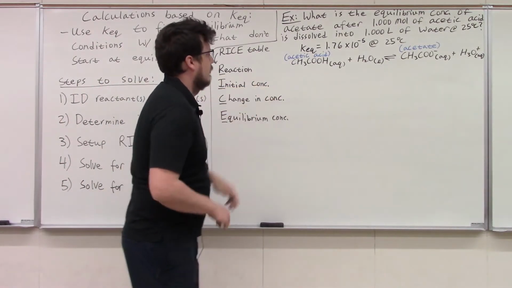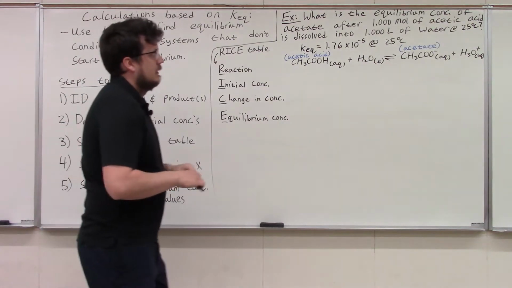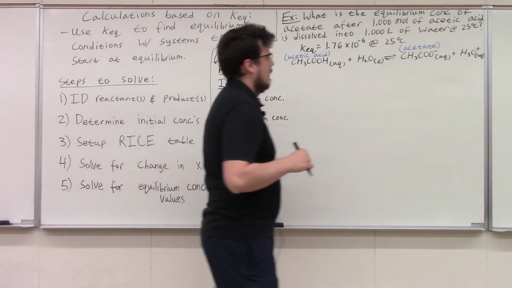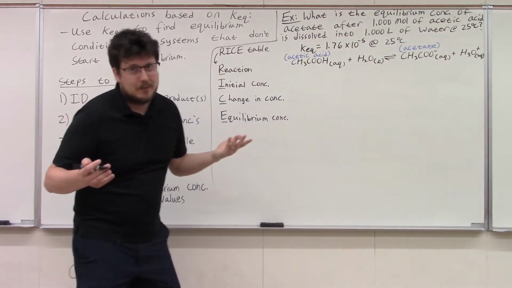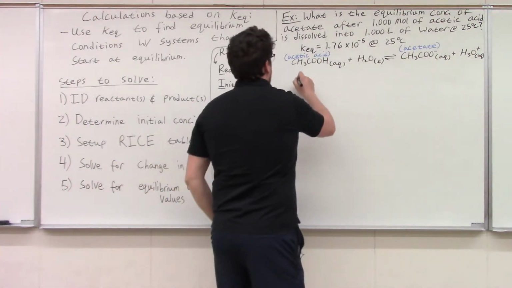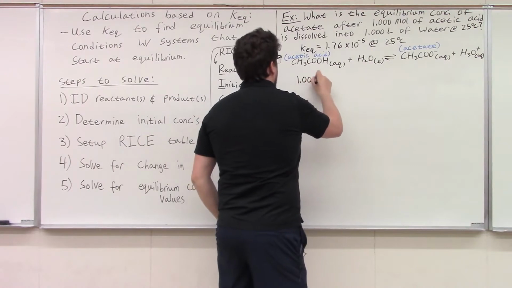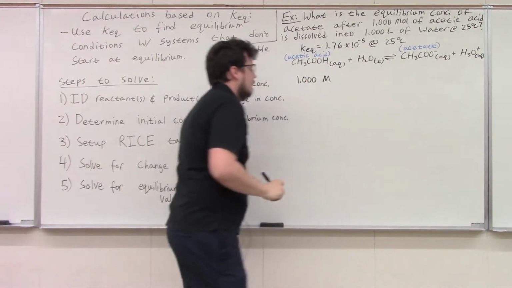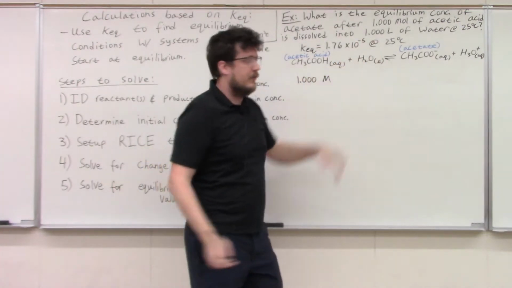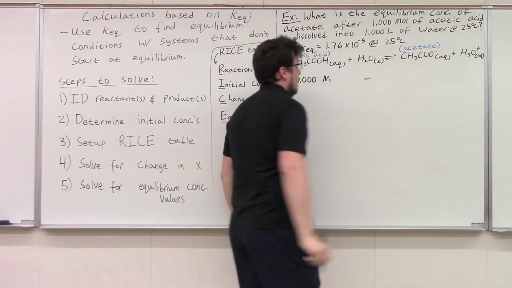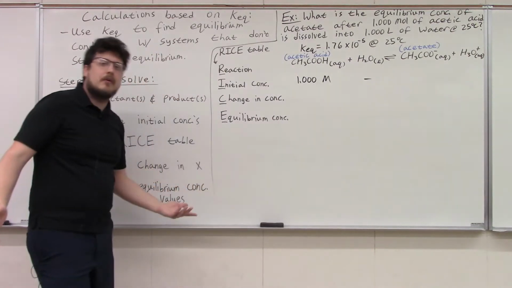So I is initial concentration. Well, this is some hard math I set up here. If I've got 1 mole dissolved in 1 liter, I got 1 mole per liter. This is 1.000 molar, okay? What's the concentration of water? I don't know. Skip. It's a pure phase. It doesn't show up in our equilibrium constant.